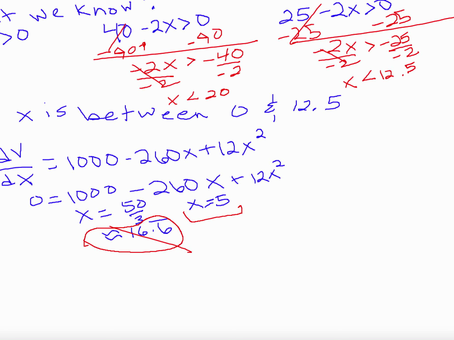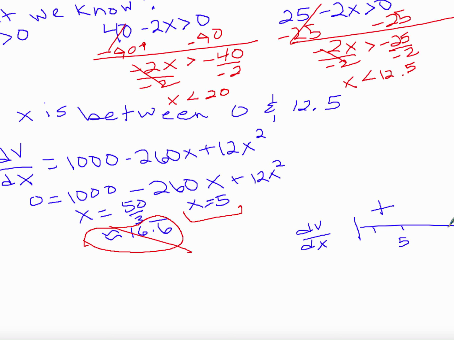If I tried a sign diagram, I would have my dV/dx, and we are between 0 and 12.5, and 5 is somewhere over here, and I can test some values. If I test 1, I get a positive result by substituting into my derivative equation.